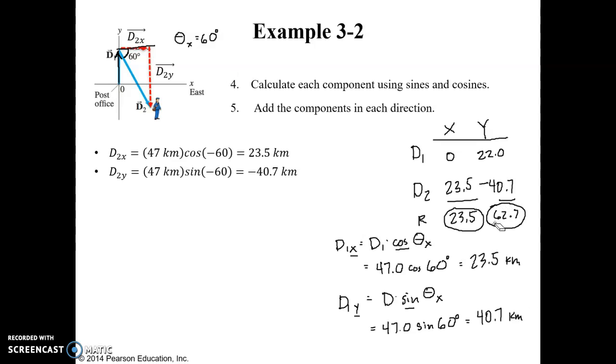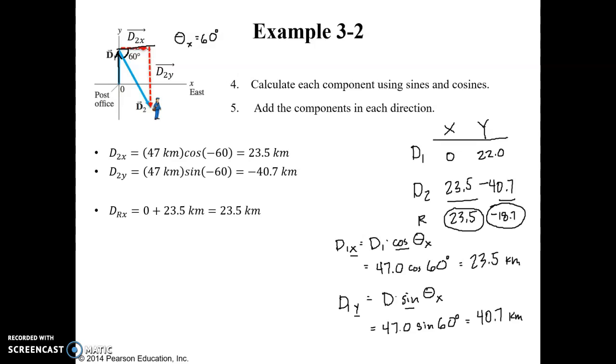So let's erase that. Okay, and instead, that should be negative 18.7. So I've corrected that.